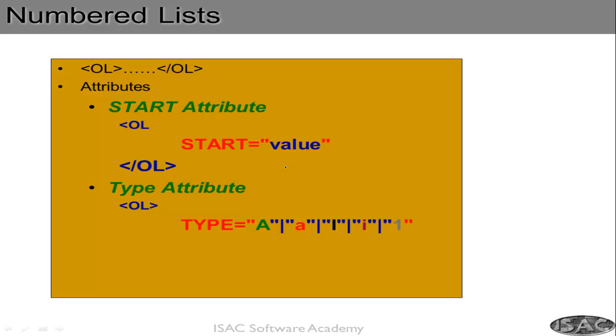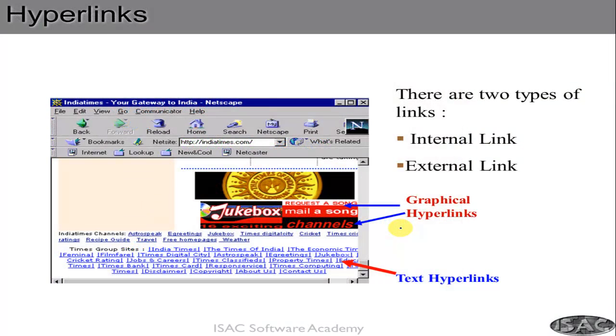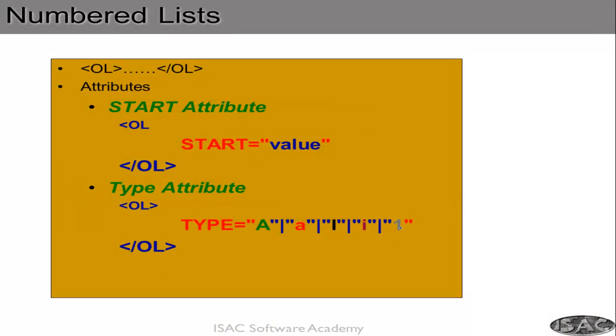In type, it will ask how you want to sort it out. Is it based on capitals first or smalls first, or is it the number? What kind of ordering mechanism will it use? So that was about how the ordered list and unordered list come.